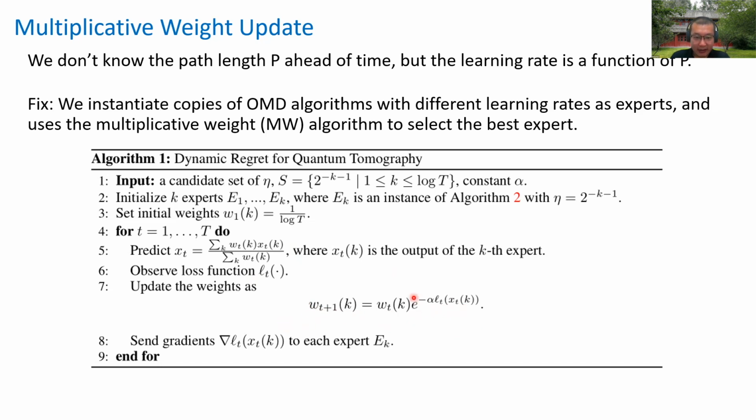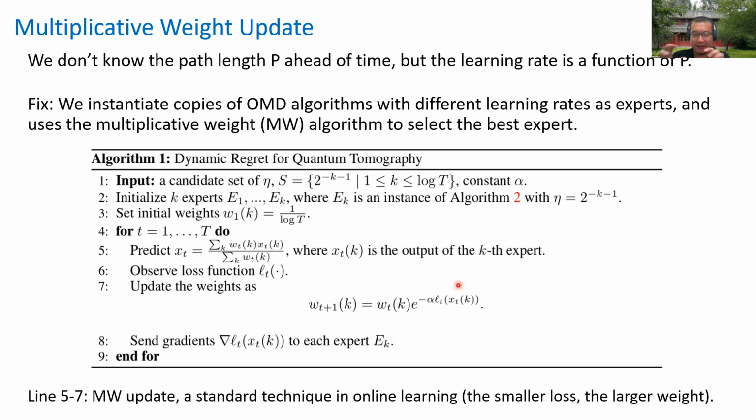So why do we have this? The idea is that if you have a learning rate that gives you a small loss, it gets a larger weight. But if the loss is not so good, it probably gets a smaller weight. In general, if you don't know the learning rate, you use such a weighted version, you compete, and you update in an exponential way.